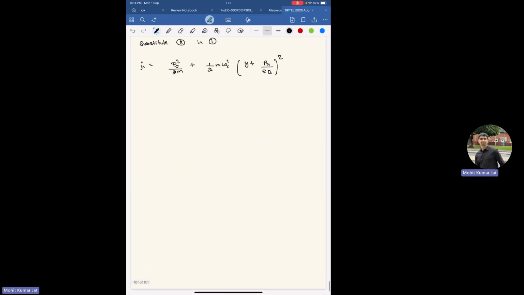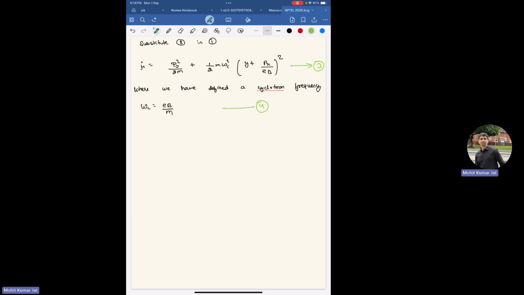There we have defined a cyclotron frequency, omega c equals eB by m. Now this Hamiltonian, equation number 3, has the form of a harmonic oscillator, if you remember, where the center is shifted by px by eB.